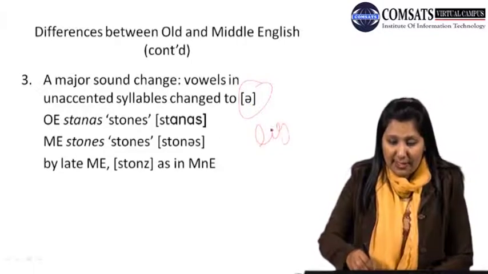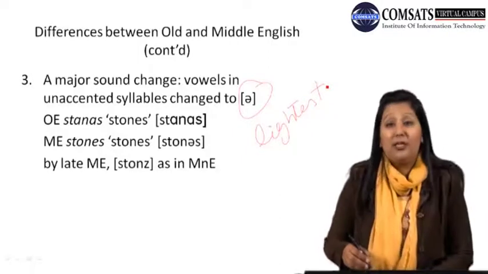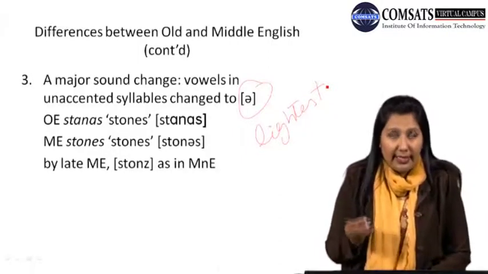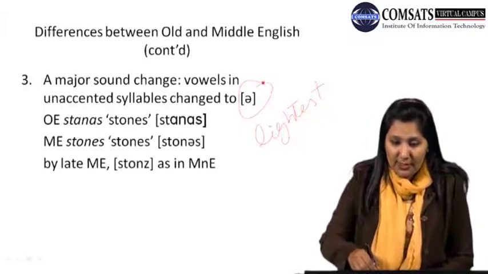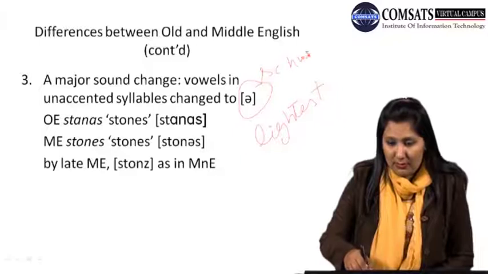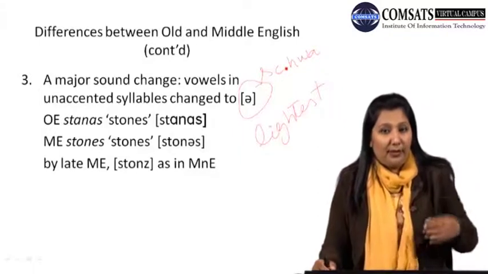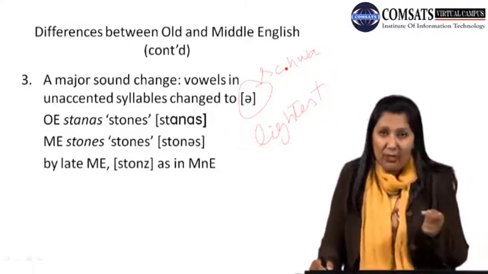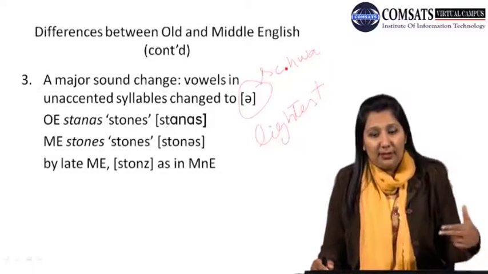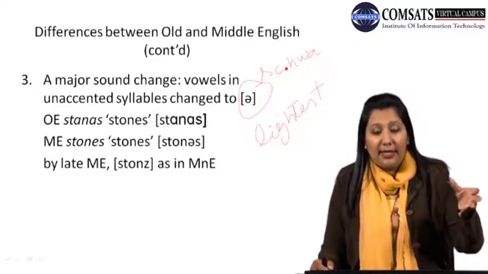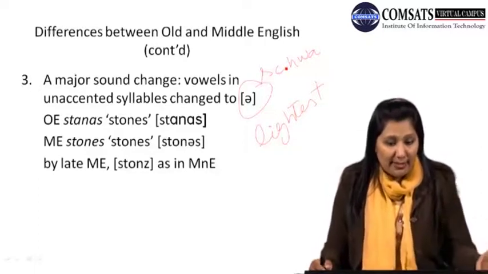We can say this is the lightest sound in the English language, and the name of the sound is the schwa sound, a very slightly and lightly pronounced sound. For example, the examples are given, and then I'll make you understand.